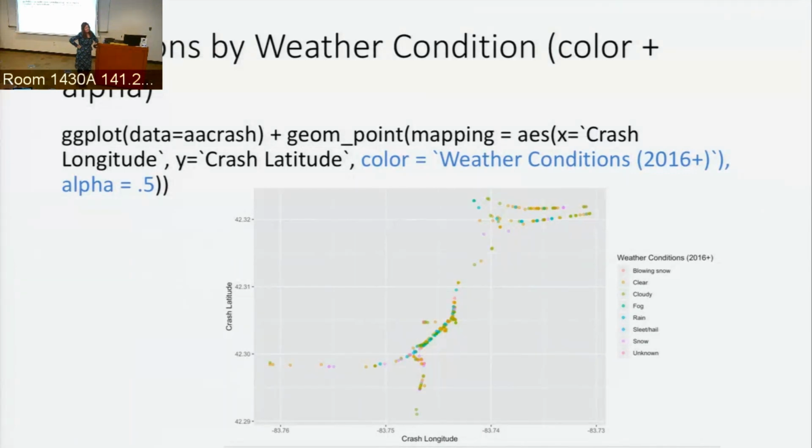Okay, I'll ask later. Yeah, so the format for the variables is going to be slightly different if you're reading in a CSV file, where instead of using the backticks, you're going to just separate the spaces with a dot.